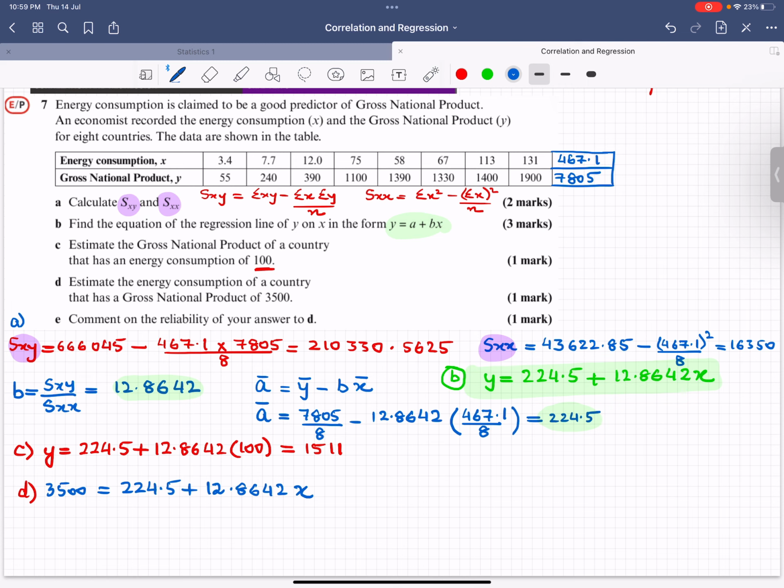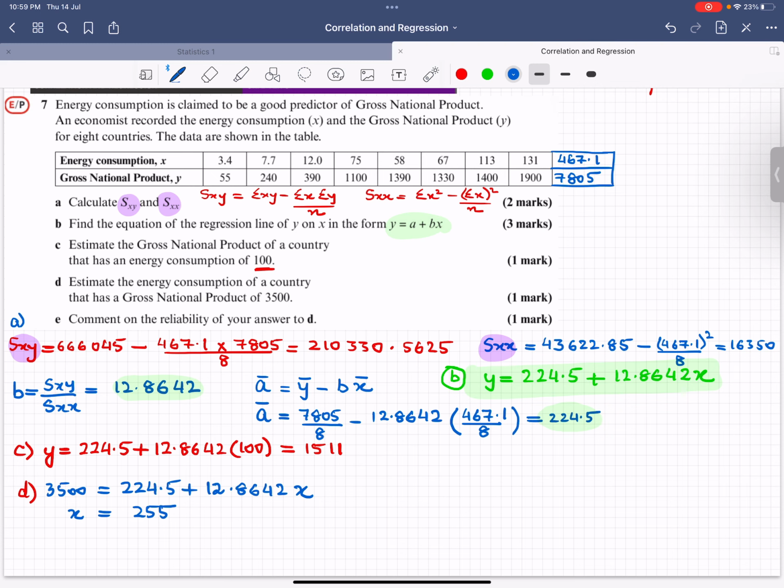We work this out by 3500 minus 224.5, divided by 12.8642, and that leaves us with the value of X, which is 255, a rounded answer. So that answers part D.